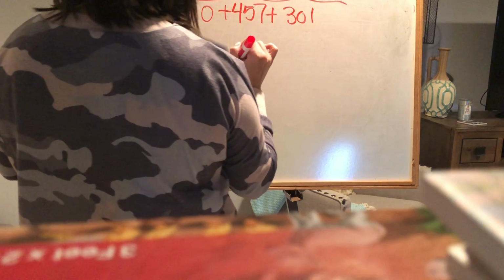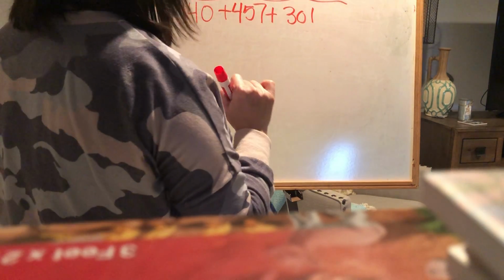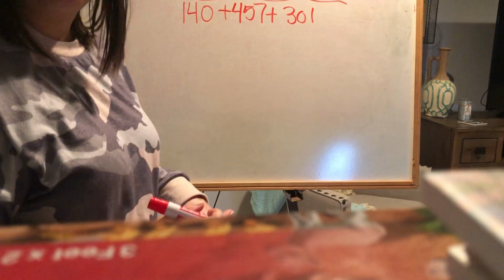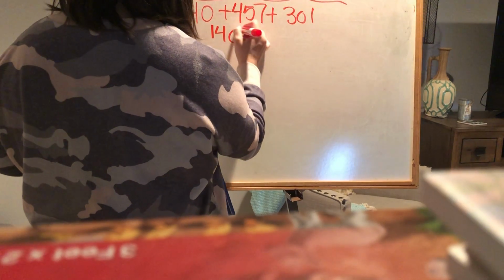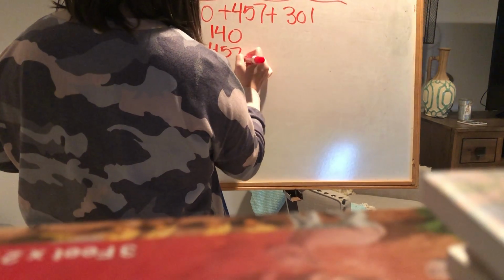Now, I'm going to go ahead and rewrite this because anytime I see it like this, we want it up and down. It makes it easier for you guys to work with, and that is how you've been doing it all year, so let's continue that. So I'm going to do 140 plus 457 plus 301.